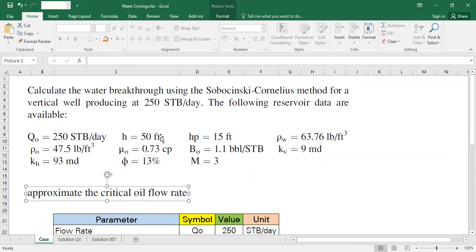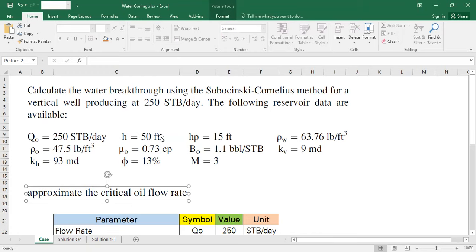Okay. But what is the critical oil flow rate? In terms of water coning issue, critical oil flow rate is the flow rate at which the water starts building up the cone. Okay. So this is the exact flow rate at which we will start making the cone. Or in other words, this is the maximum flow rate, right?